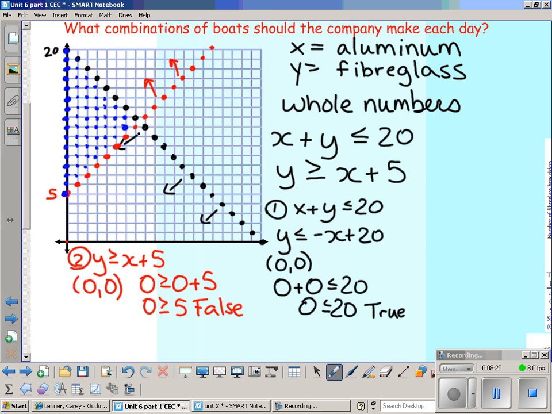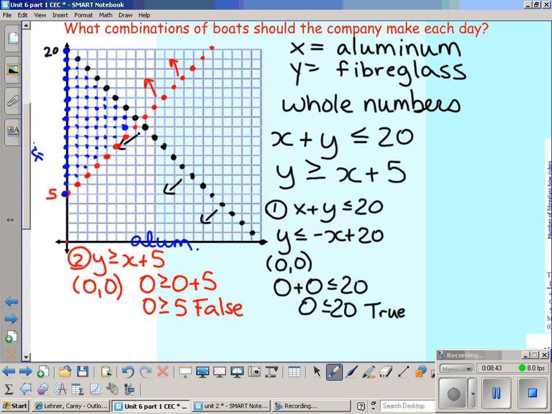So now, to determine what combinations of boats the company should make each day, any point with whole number coordinates, so you're making sure you're only choosing whole number coordinates, in the intersecting or overlapping region is an acceptable combination. So for example, X was our aluminum boat, so that's this value down here.